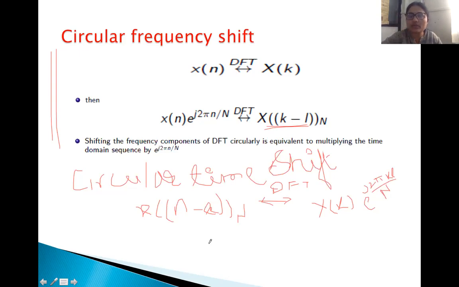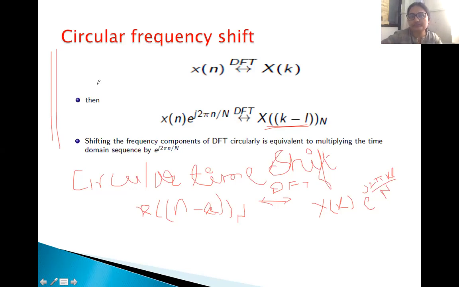So these are the two properties. First is the circular frequency shift property, and second is the circular time shift property. The shifting of the sequence, either in the time domain or in the frequency domain, is because of multiplication of the sequence by the exponential part.